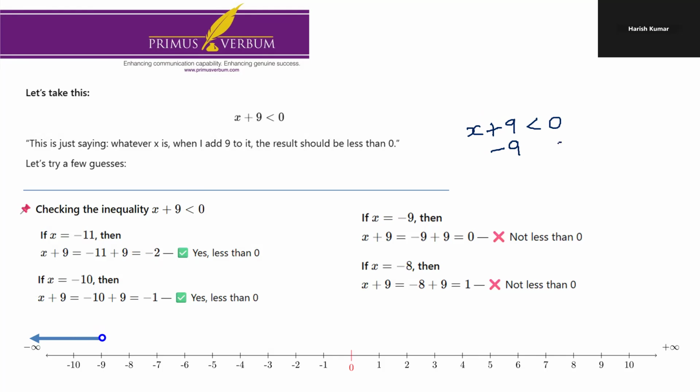If we do that, then we will have to subtract 9 from the right hand side as well, so that the inequality continues to hold true. And when we do that, we get the final result: x is less than minus 9. And yeah, this is what we plotted on the number line.